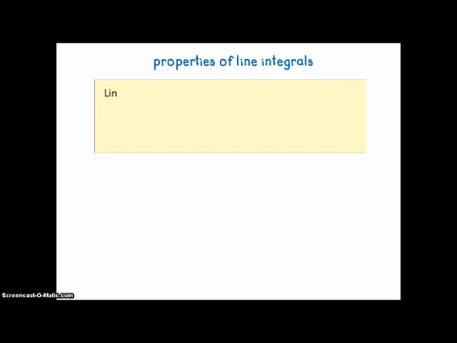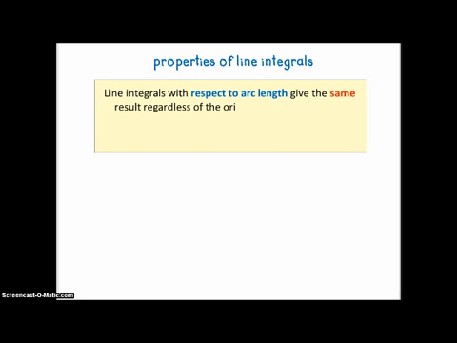Properties of line integrals. Line integrals with respect to arc length give the same result regardless of the orientation of the curve C. So in other words, if we start at one end and go to the other end, or if we reverse that and start at the other end and go to the first end, we get the same value for the sum of all those little infinitely thin line segments, which kind of makes sense because you're just adding up positive values, lengths along the curve.